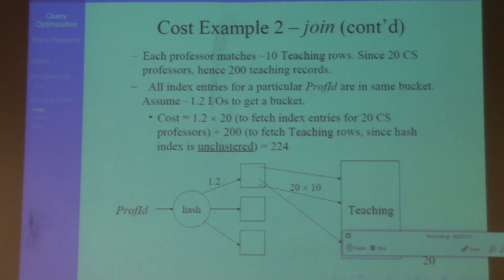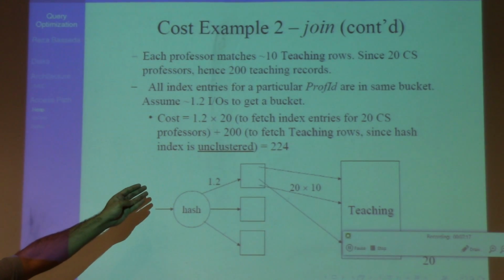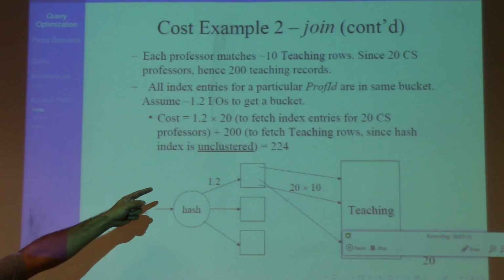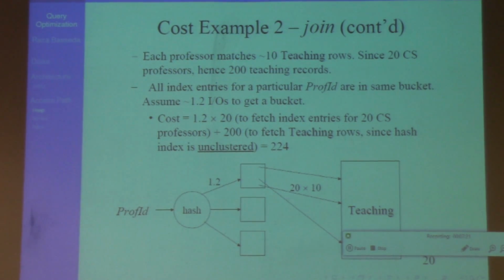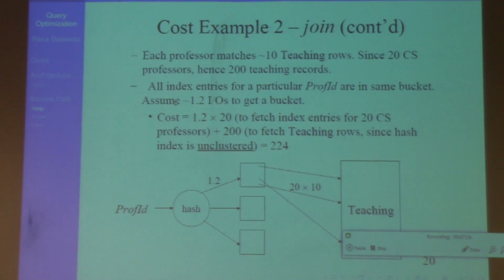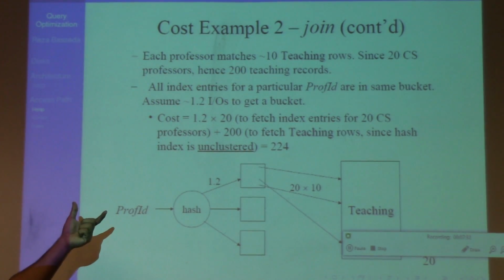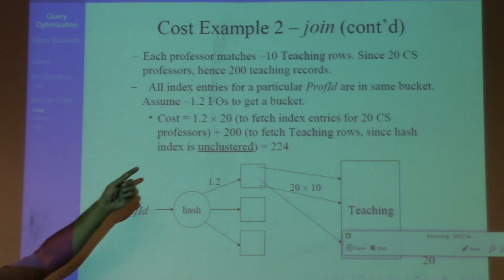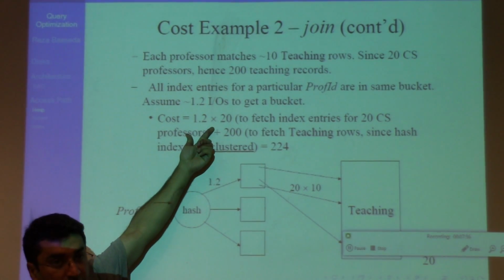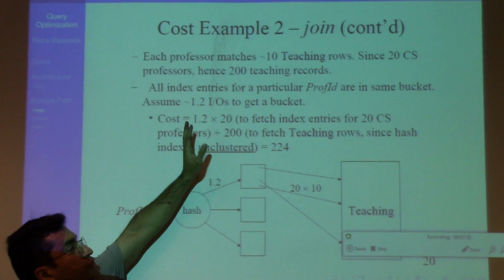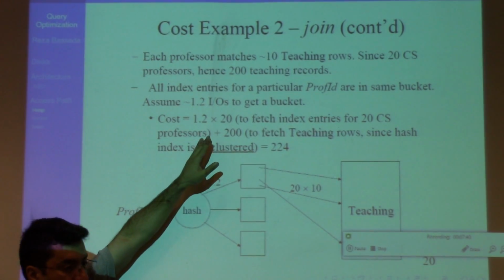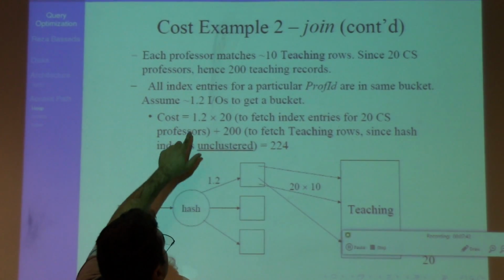Suppose that we have at most 2. Okay, so suppose that all the indexes of the professor IDs are in the same bucket. Then we have just 1 access for each professor. Okay, 1.2 is in the worst case if we have 2 accesses and we have overflows.